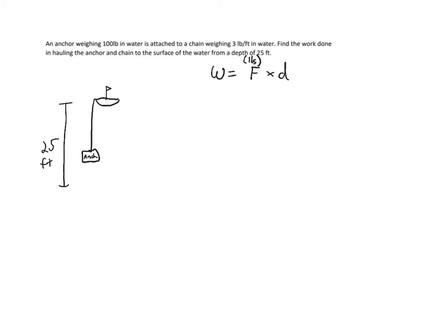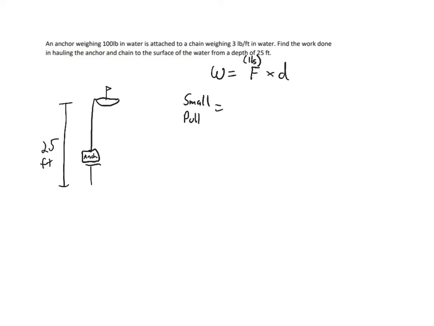Once we've started pulling this anchor up, let's think about what's happening. We're going to add up an infinite number of small pulls. So let's think about the work that's being done in a small pull. The work would be the weight of that small pull times the distance that we make that pull happen.